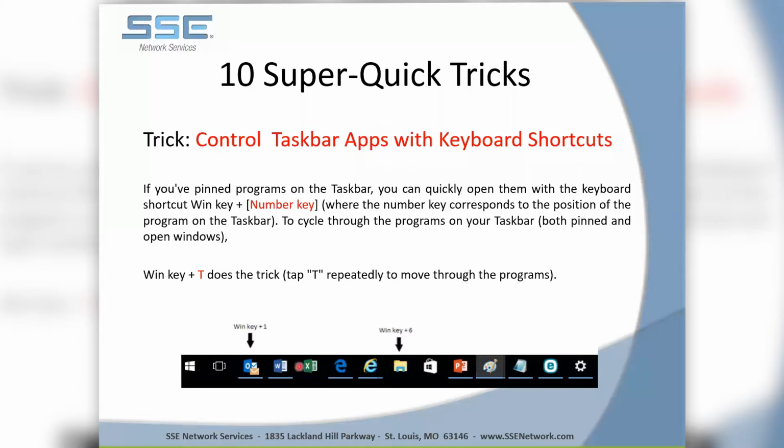These are different applications you have open. You can hold down your Windows key and type 1, the number 1, and it's going to bring up your Outlook. You can hold down the Windows key and type 6, and it's going to bring up this particular item. So if you have multiple windows open, you have them all pinned, this is a very fast, easy, and quick way to jump from one window to the next.